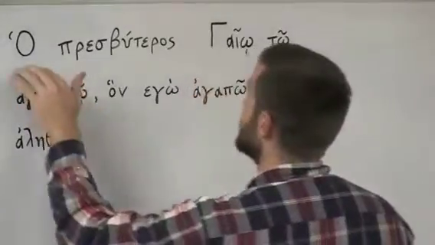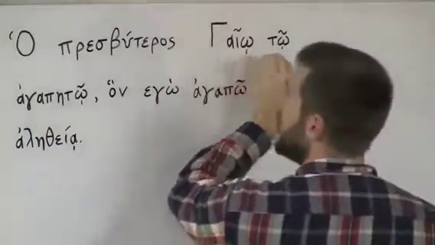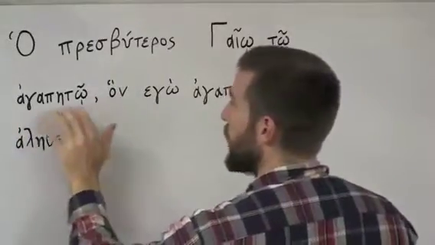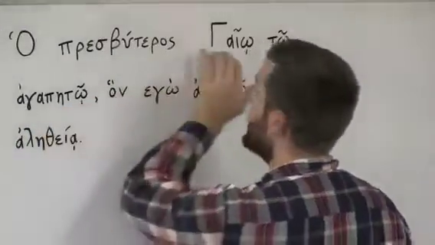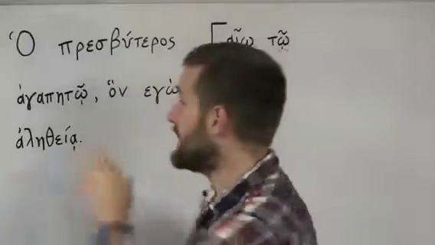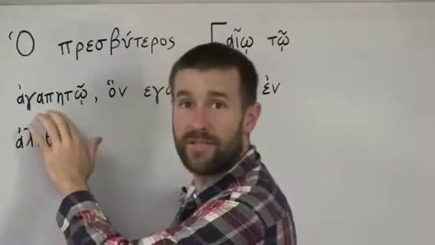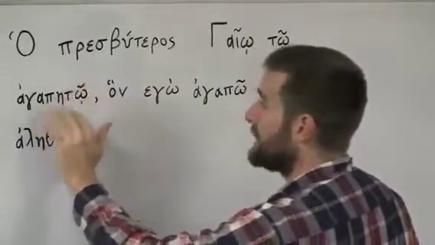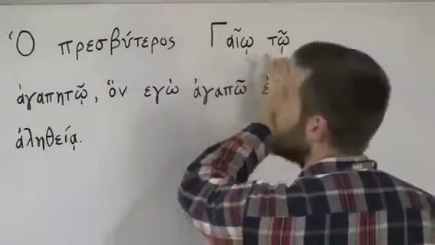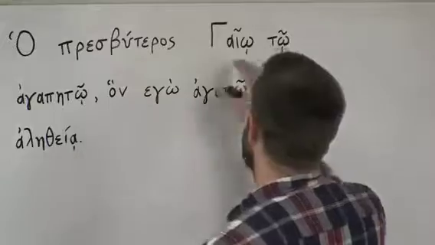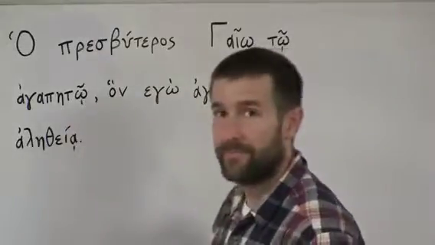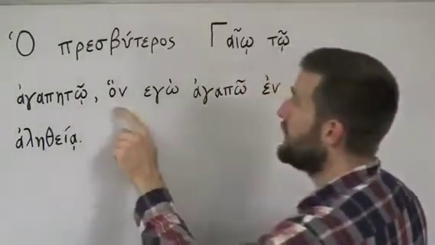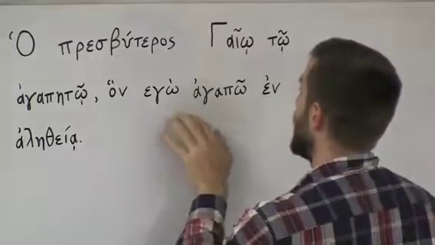So we've got "O presbyteros Gaio to agapito." So agapito is describing Gaius. In English, this is the adjective well-beloved, unto the well-beloved Gaius. In Greek, it's agapito. Gaio to agapito. So it's Gaius the beloved. And then it says here, "On ego agapo."